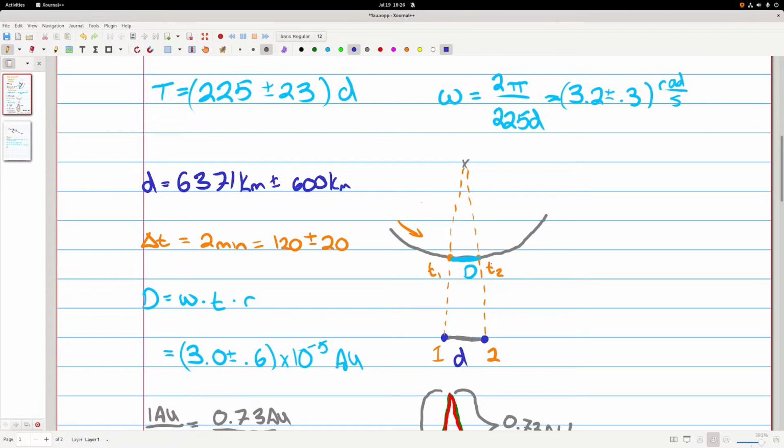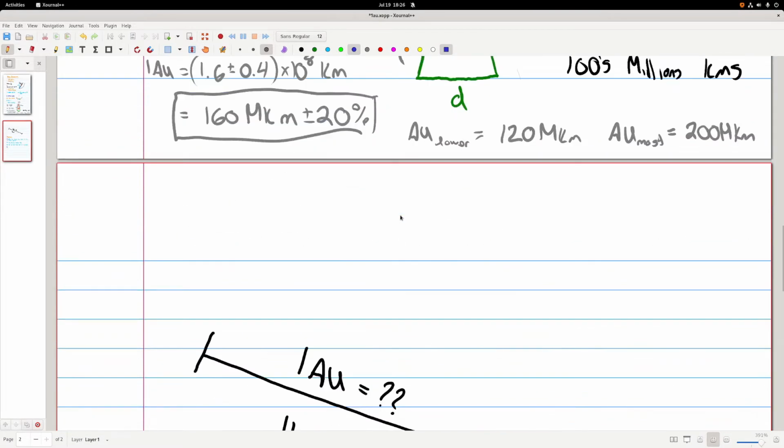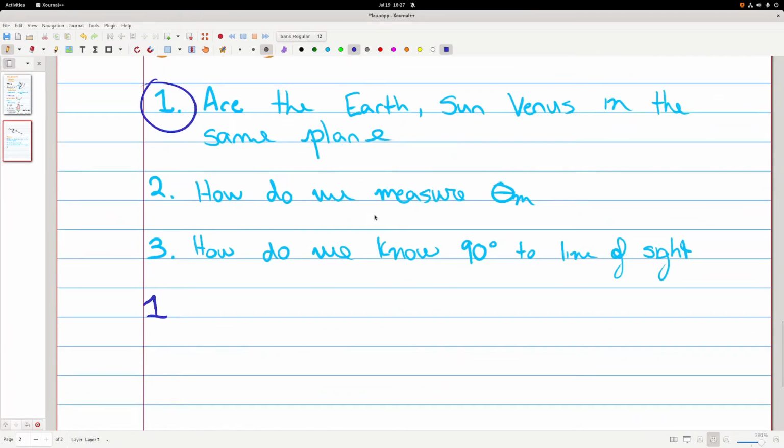So I'm saying that this distance has an error that includes the fact that we might not be in a plane. What I mean by this is, if you do this measurement over many years, what you will see is that some years when Venus comes by the sun, so here's the sun, some years when Venus makes a transit by the sun, sometimes it's going to be on an upwards angle, sometimes on a downwards angle, and sometimes it's going to come straight by.